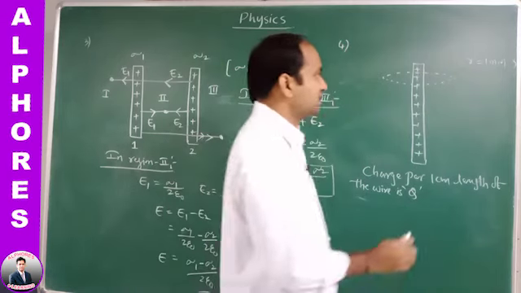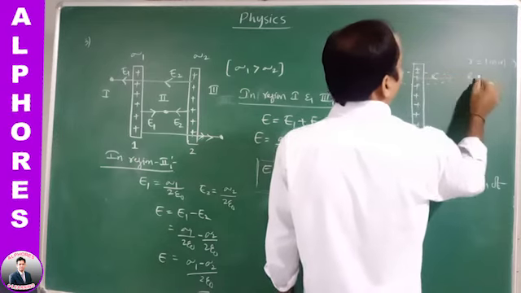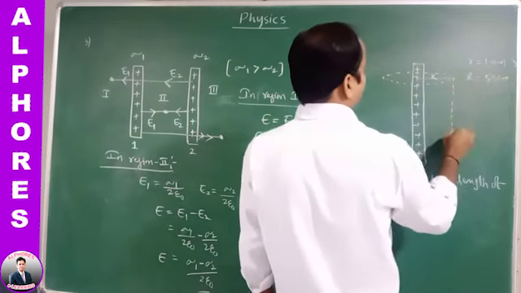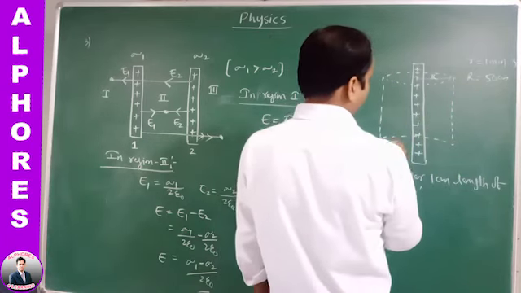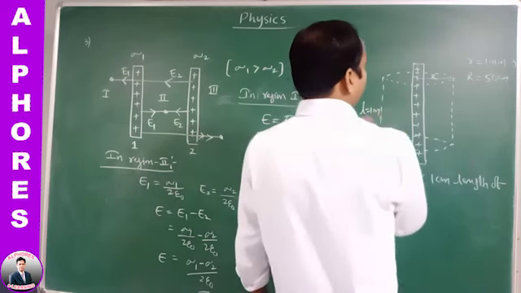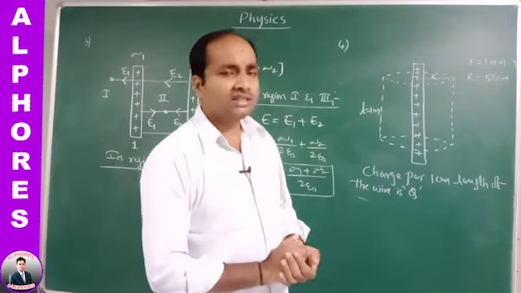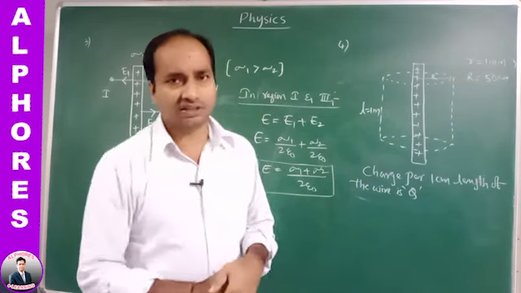Let us take this as capital R, 50 centimeters, and its length L is 1 meter. Then we are asked the flux passing through the symmetrical cylindrical surface.